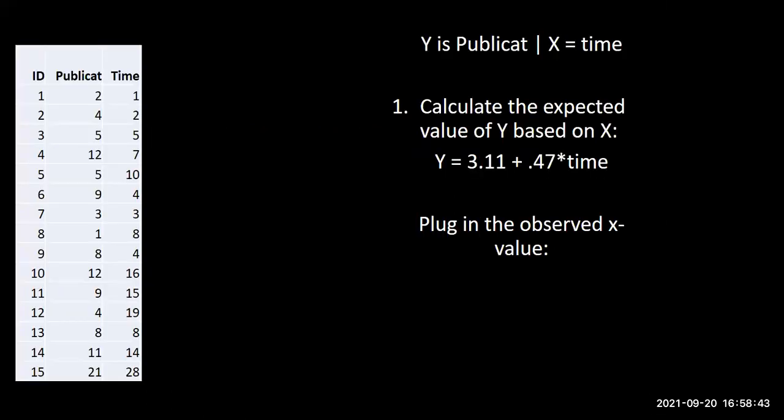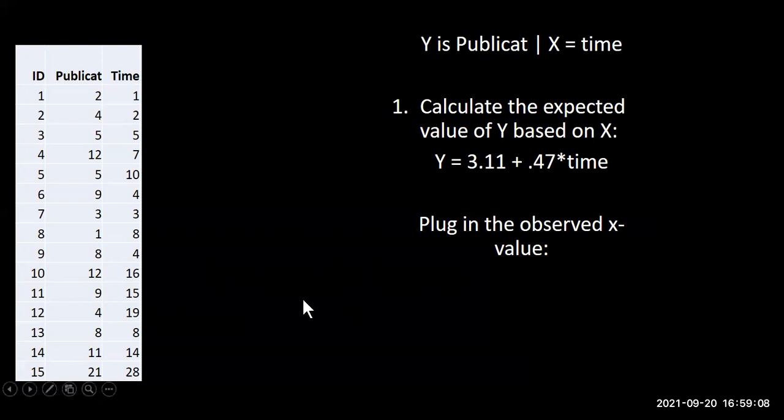Here's still our data. This data has not changed. We have the number of publications here on the left, and then time is number of years from PhD. So what I'm going to do is I'm going to use this regression equation the way that it's been designed to plug in my values of x to get my predicted y.